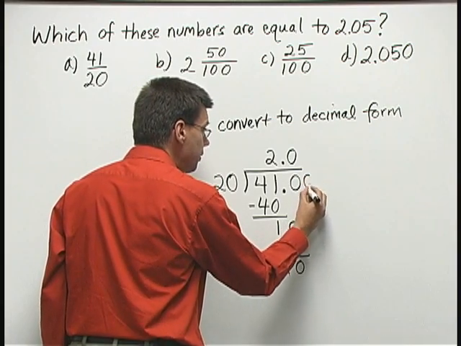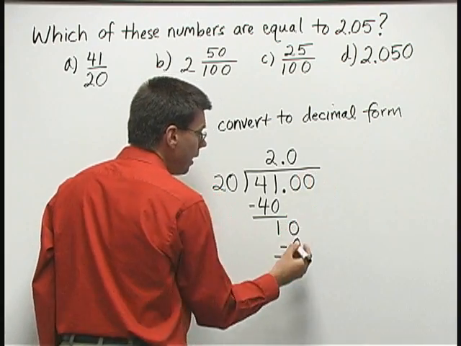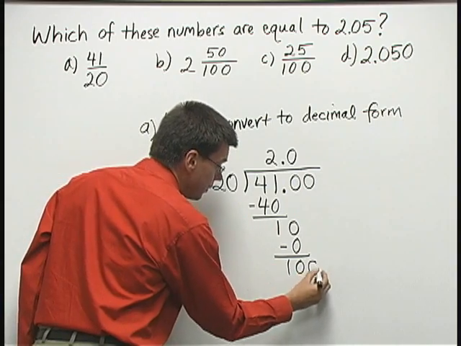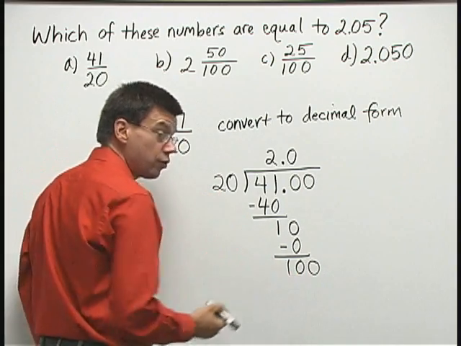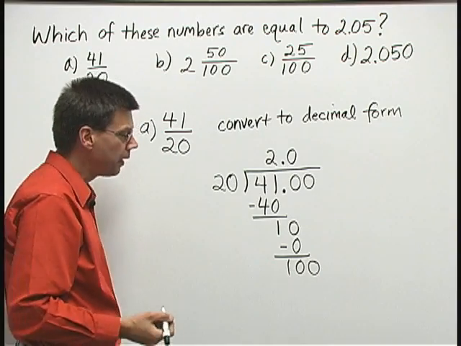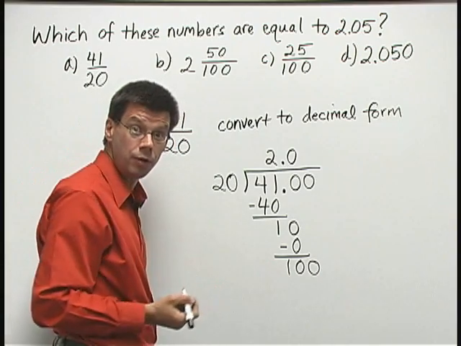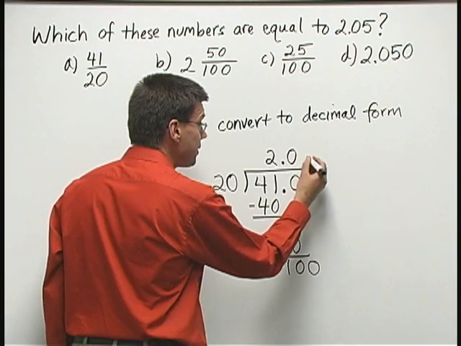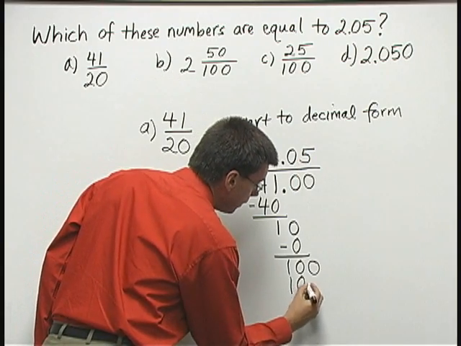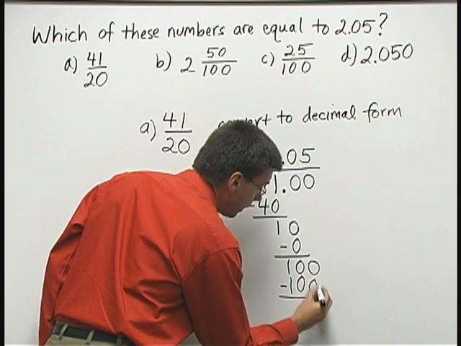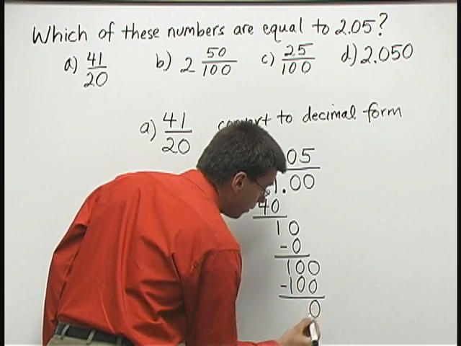Then I can add another 0 on the end, and I bring down that new 0. And now I ask myself, how many times does 20 go into 100? And 20 does go into 100. In fact, it goes 5 times. 5 times 20 is 100. Subtract, 100 minus 100 is 0.